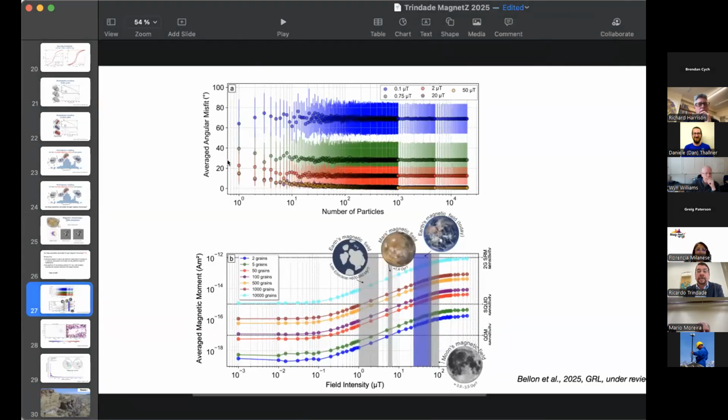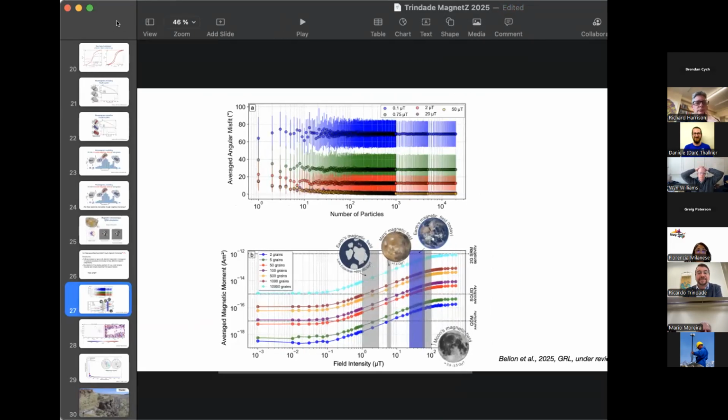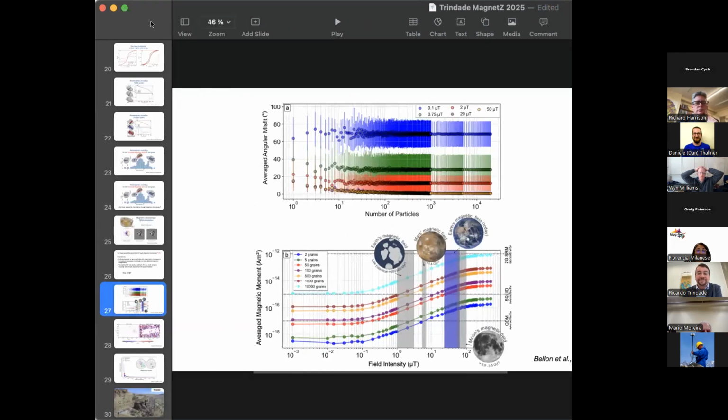So here you show in this top figure that things that are recorded in the very, very weakest fields, as you increase the number of particles, do not converge to an angular misfit of 0. So for practical paleomagnetism terms, does this mean that things that record a very, very weak paleomagnetic field will not record an accurate direction? Why is that angular misfit not going to 0?